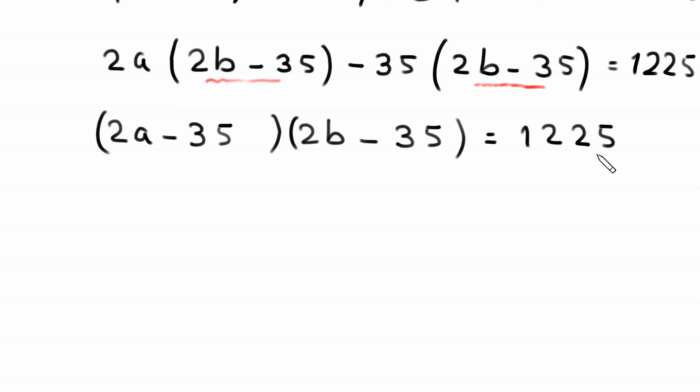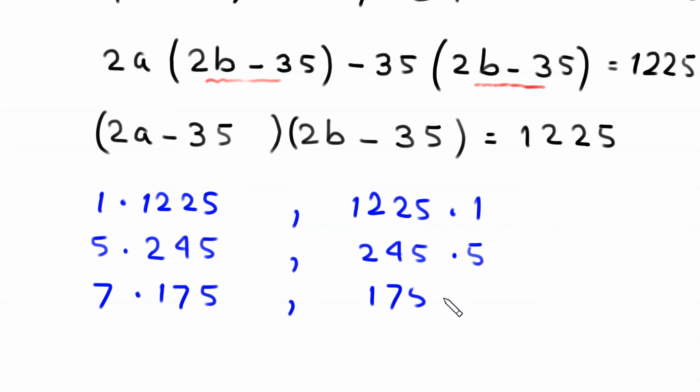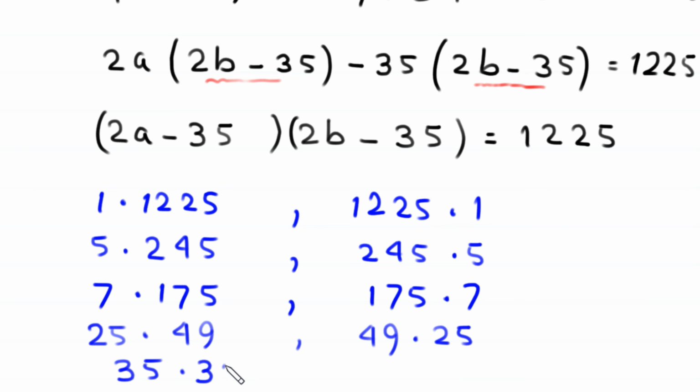This 1225 can be factorized as 1 times 1225 or 1225 times 1, and 5 times 245 and 245 times 5, and 7 times 175 and 175 times 7, and 25 times 49 and 49 times 25, and 35 times 35.